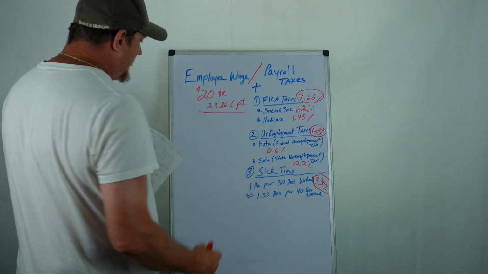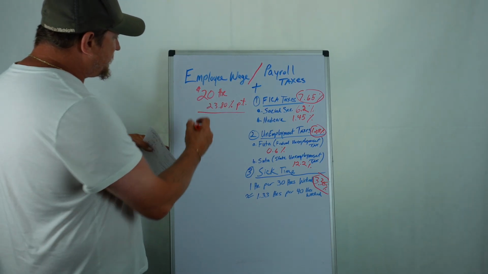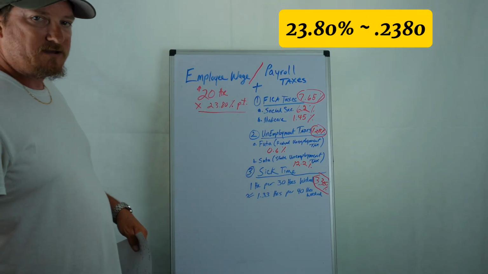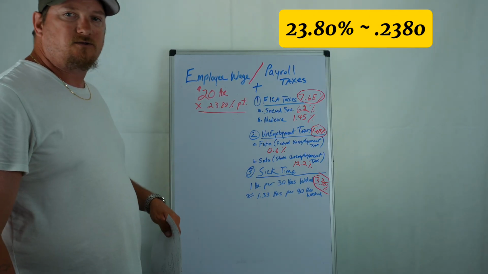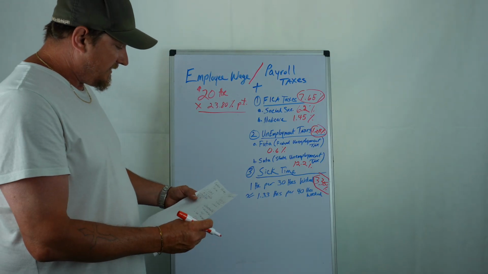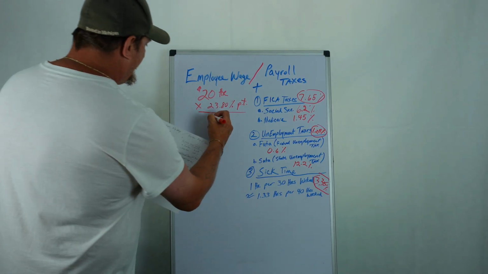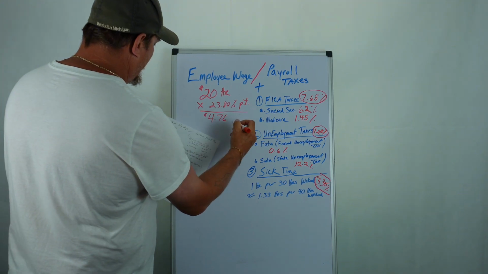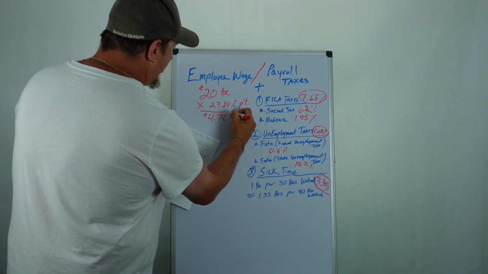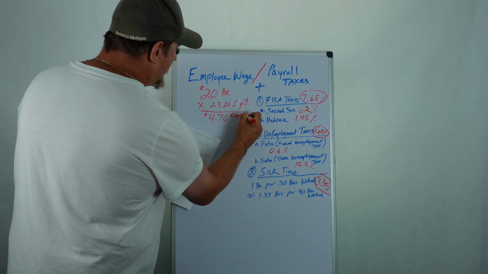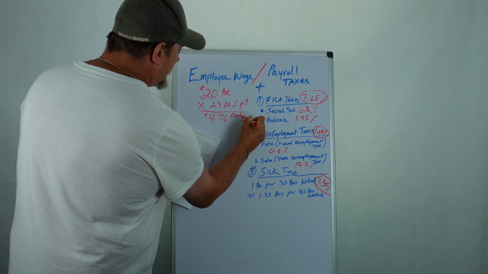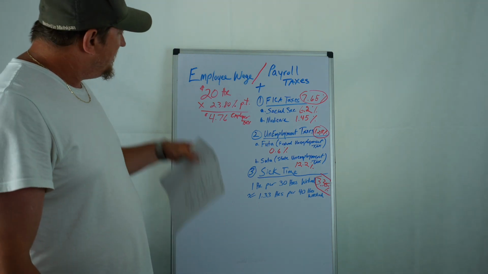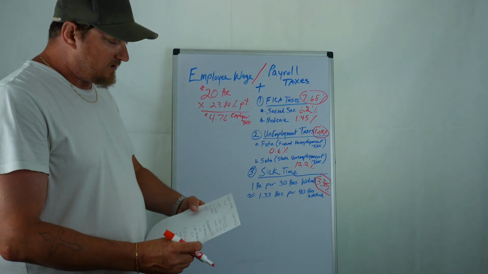Okay? Now what you do is you want to multiply $20 an hour by 23.80, which if you put in a decimal, it would be 0.238. Okay? That would come out to an additional $4.76 that the employer has to pay in additional payroll tax on top of the employee's base wage.